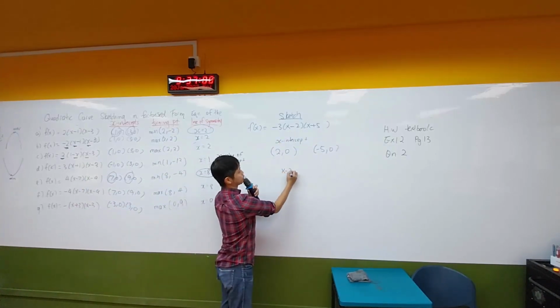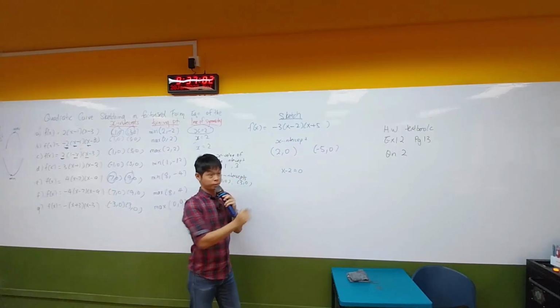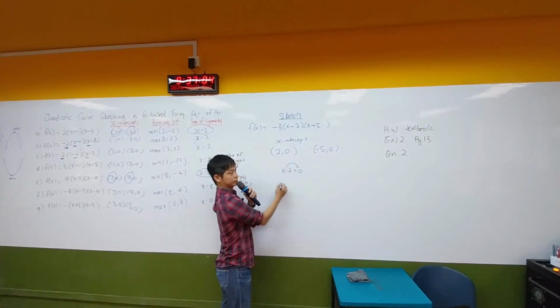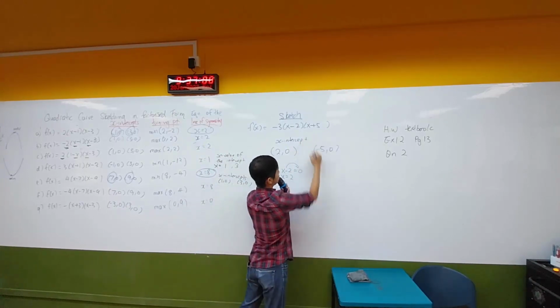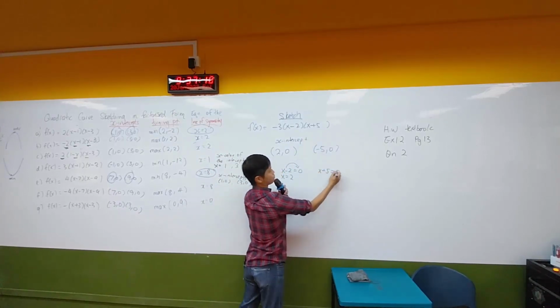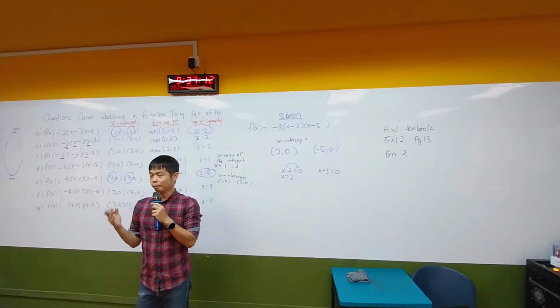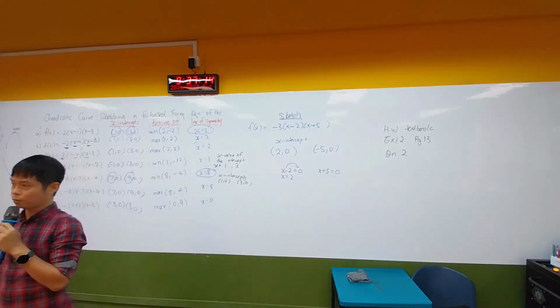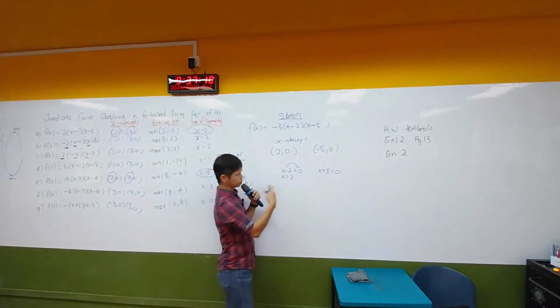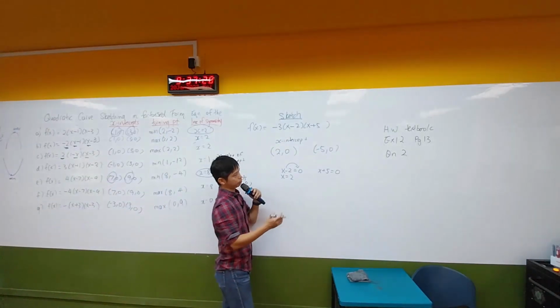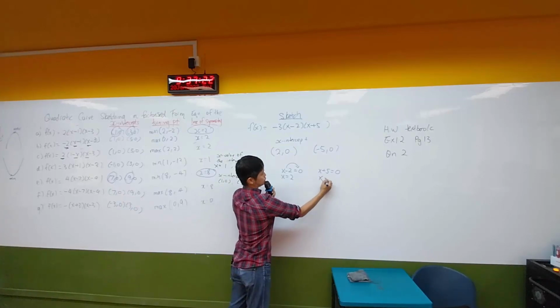Very simple. x minus 2 equals 0, bring over, x equals 2. That will be your x-intercept. x plus 5 equals 0. Why equals 0? Because it cuts the x-axis. So we let it be 0. So x equals -5.